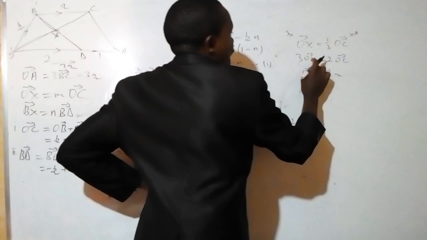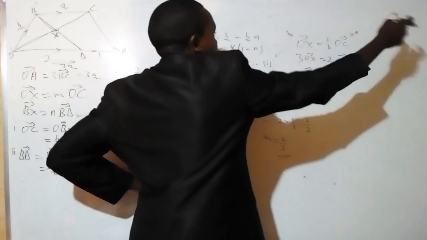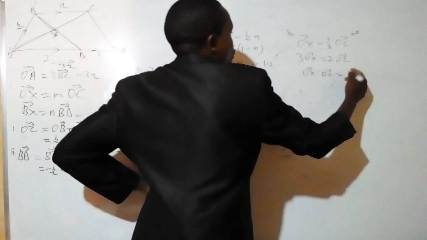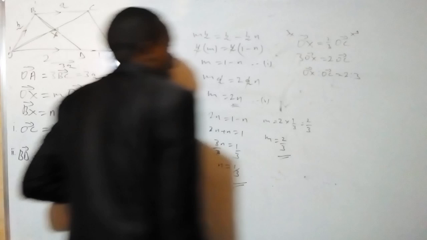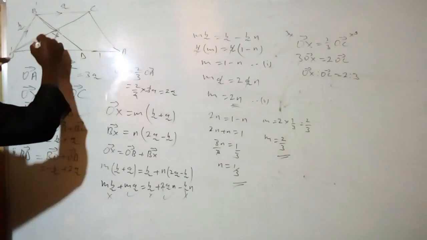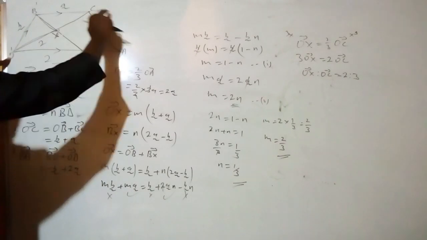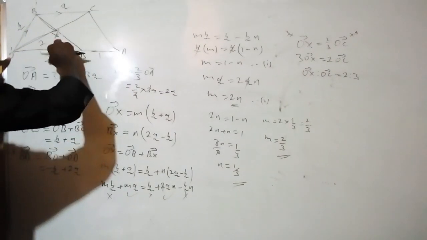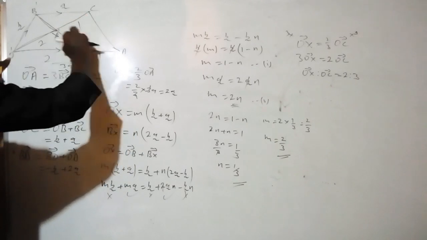OX goes with the number on the opposite side, so OX goes with 2. Then OC goes with 3. Let's come here. OX is 2. Good. So from O to C, OC total is 3. OX is 2, so that XC will be 3 minus 2, which is 1. So the total is 2 plus 1. That is correct.